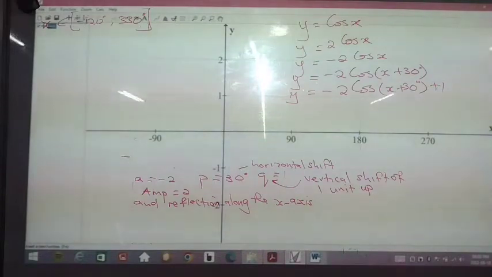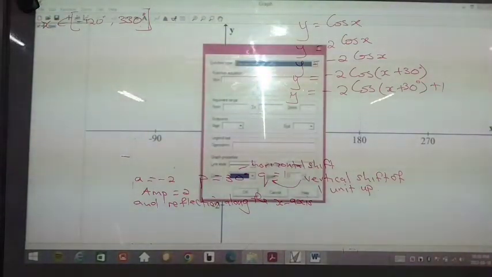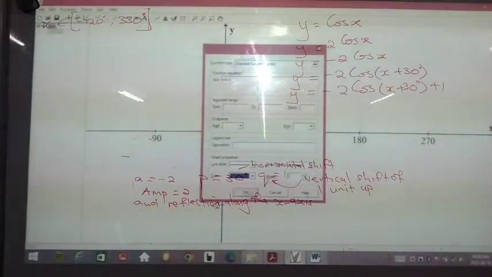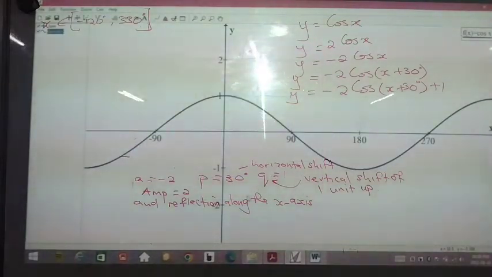So we are saying we are going to start with the graph of cos x. Y is equal to cos x, which is the blue.